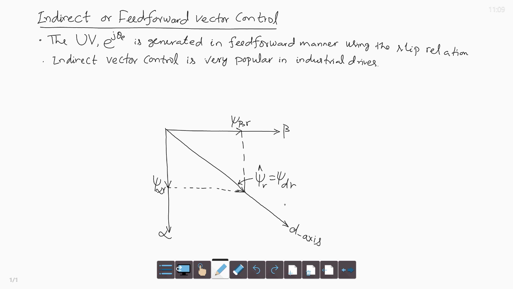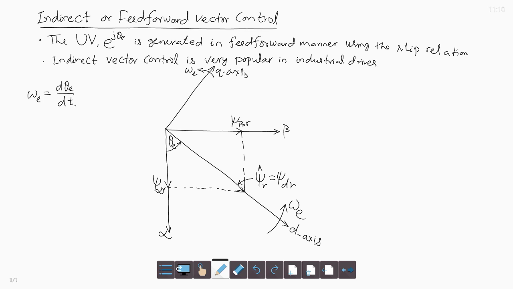The d axis and q axis are rotating at synchronous speed omega e. The q axis is 90 degree ahead of the d axis. This is the synchronous rotating reference frame, dq reference frame, rotating at speed omega e, so that the angle between the d axis and alpha axis is theta e, where the speed of the reference frame omega e is d theta e by dt.